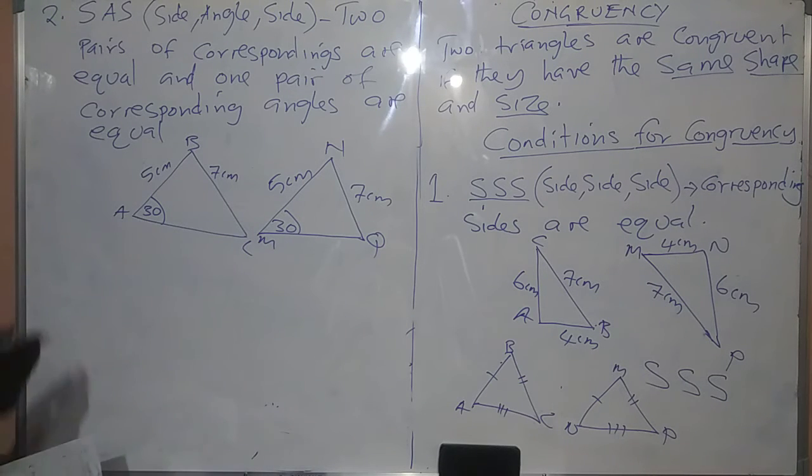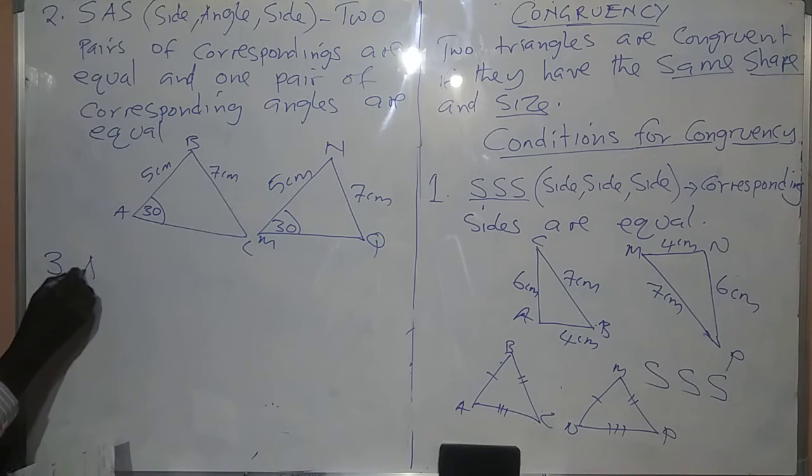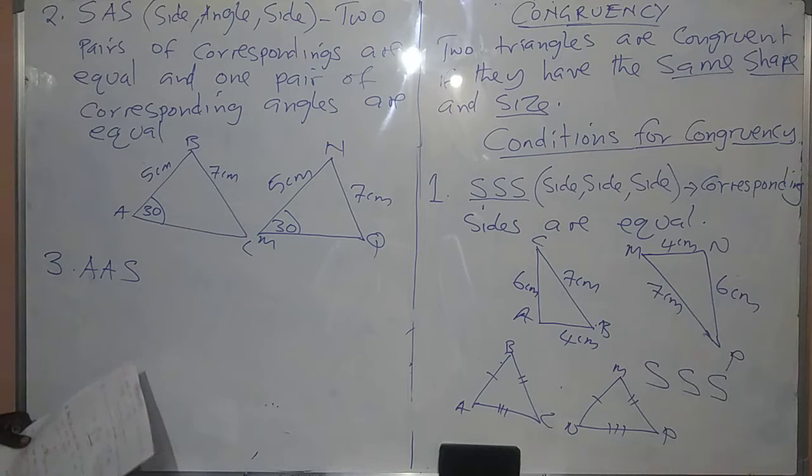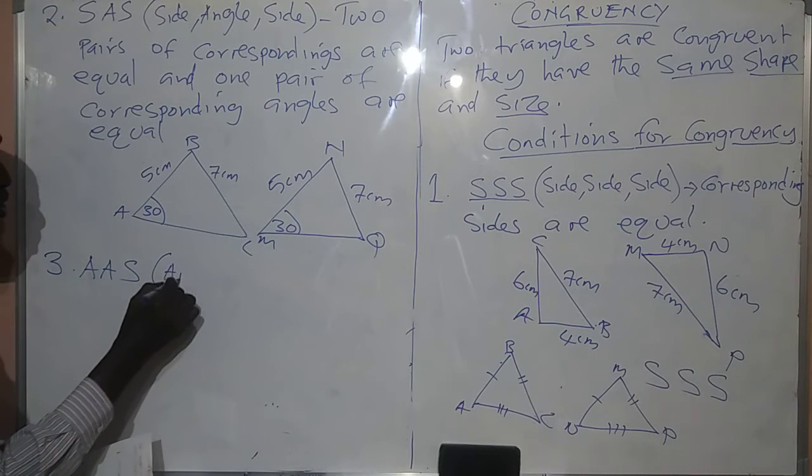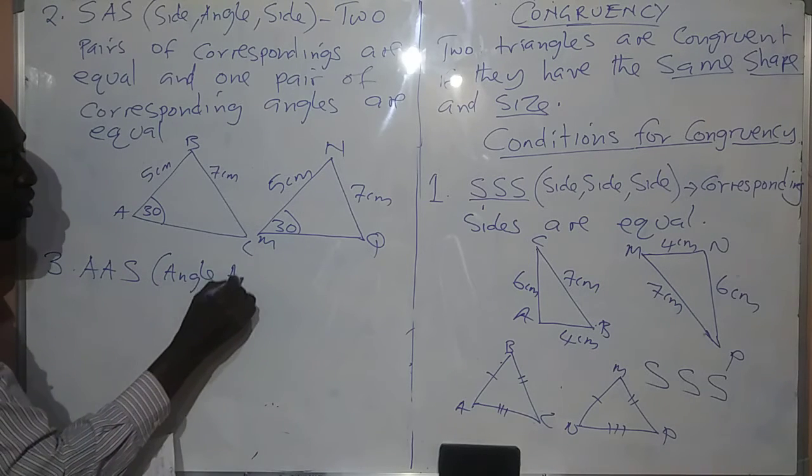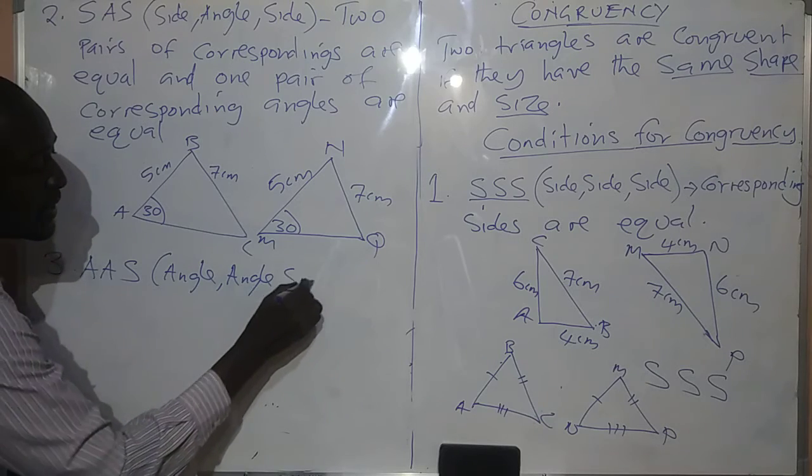So let's go to the third one, number 3. Okay, we are almost done. Number 3, we have AS. Okay, what does this mean? Angle, side.